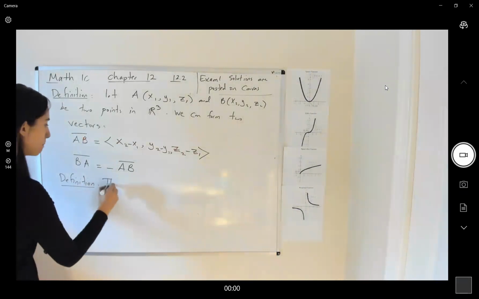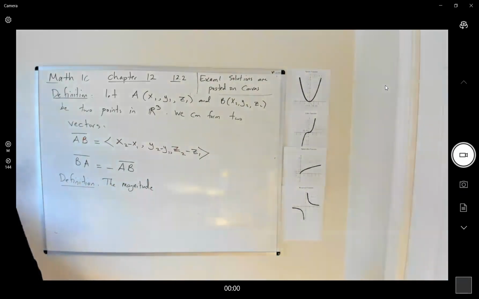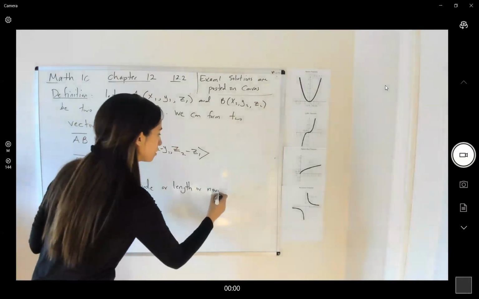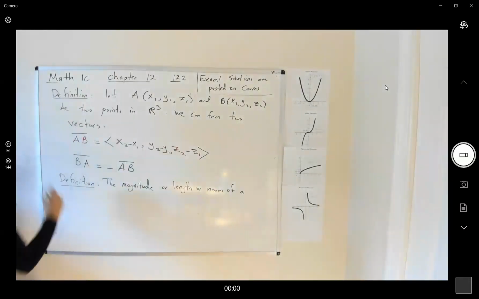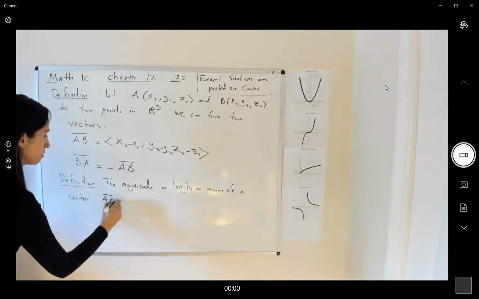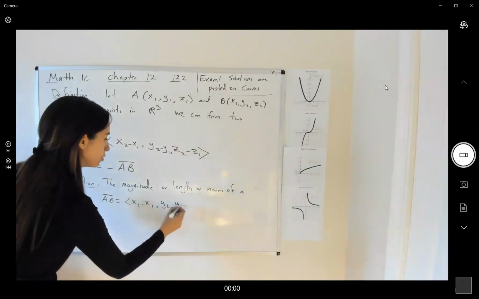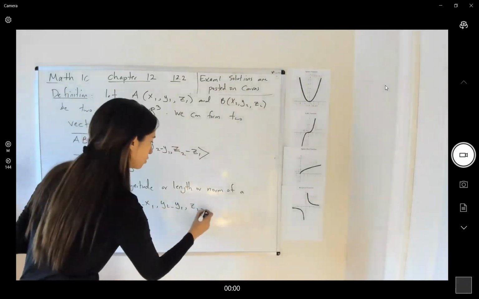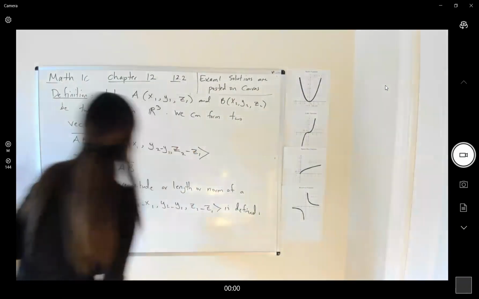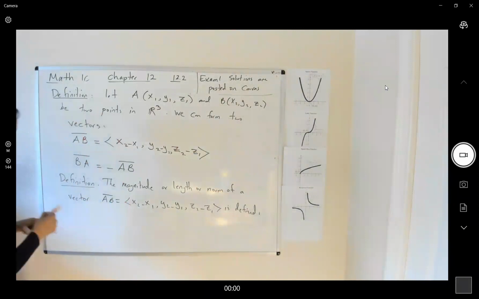The magnitude or length or norm of a vector, which is x2 minus x1, y2 minus y1, and z2 minus z1, is defined as, so we usually put it inside absolute value, sometimes they use two lines.